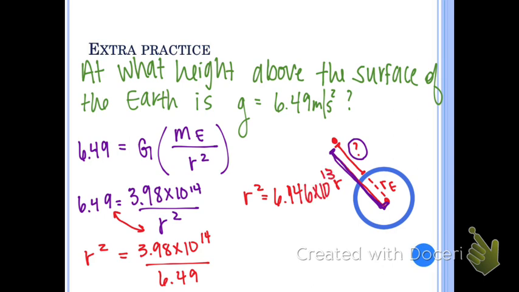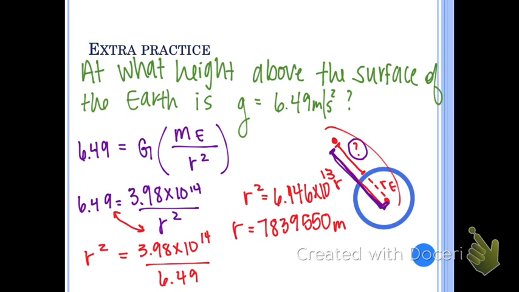And then I want R by itself. So do you know how to square root with your calculator? Second square root, second answer. And so that gives me an R equal to 7,839,550. And so is that my final answer? You have to subtract. I have to subtract, okay?